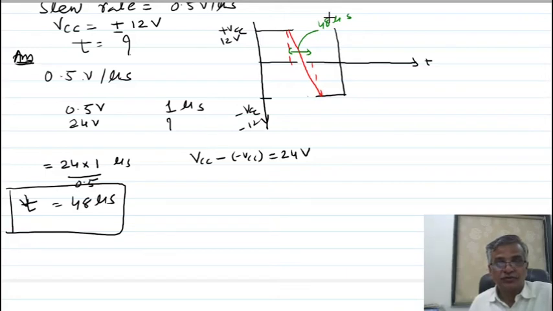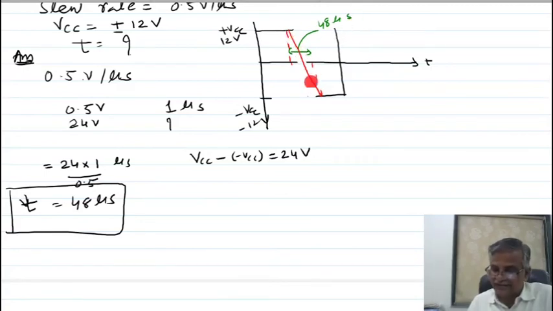So there is some upper limit of the frequency of operation of an op-amp. I think you understand. If for 0.5 volt, 1 microsecond is required for the output of the op-amp, then for the output to change 24 volt, 48 microseconds are required.